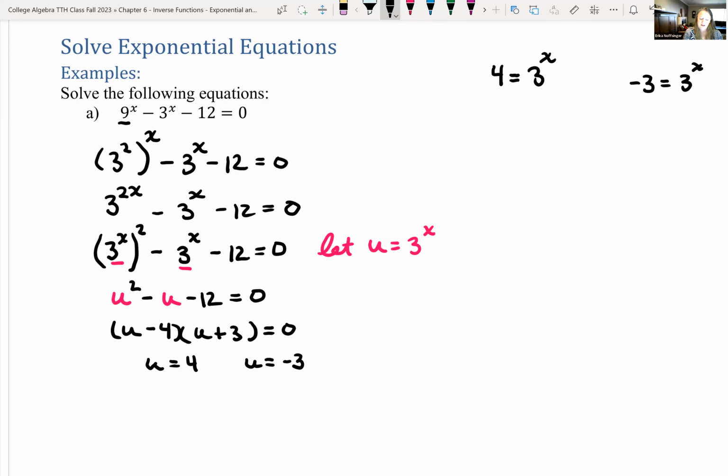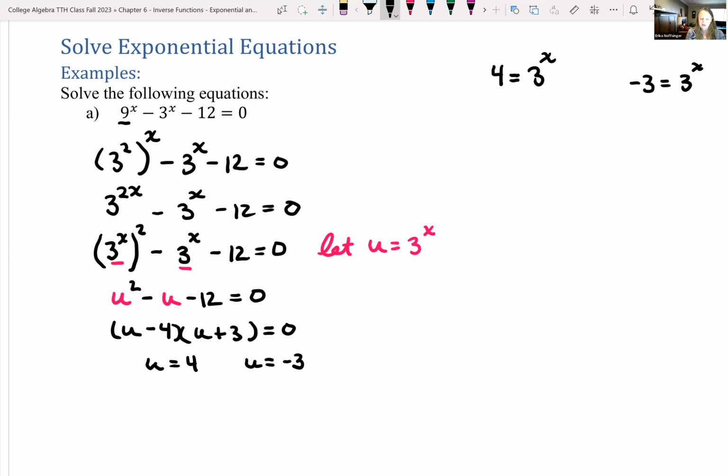So the trick, we were solving exponential equations before, but we were always able to manipulate those bases to be the same. So here in this section, we're not necessarily going to be able to manipulate the bases to be the same. And so we want to use properties of logs. We know a log of something raised to a power, we can bring that power down front.